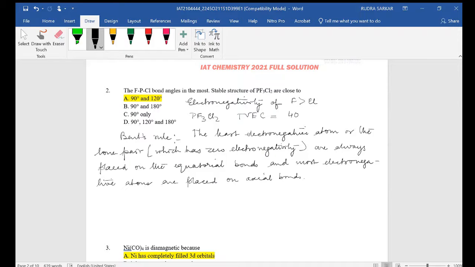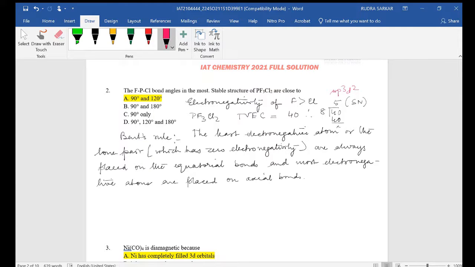Whenever the number is 40, we have to divide it by 8. If you divide 40 by 8, the quotient is obviously 5, and this indicates our steric number. Whenever the steric number is 5, we say hybridization is sp3d.